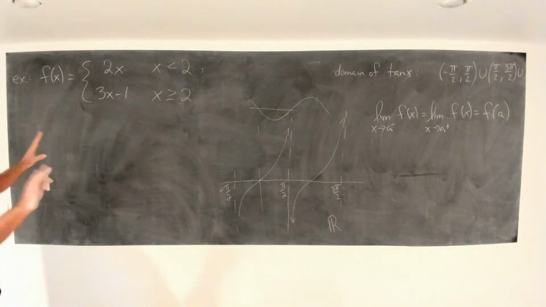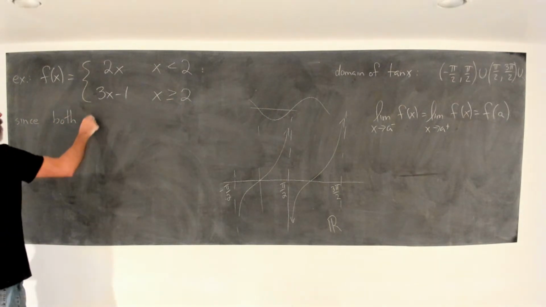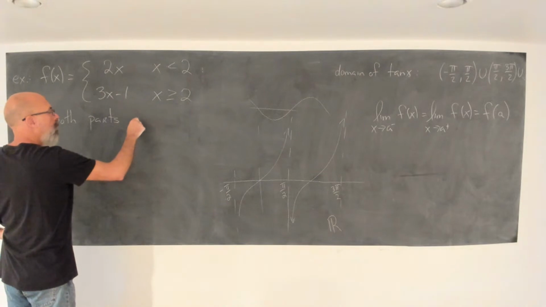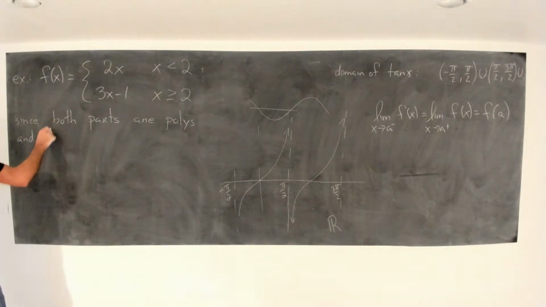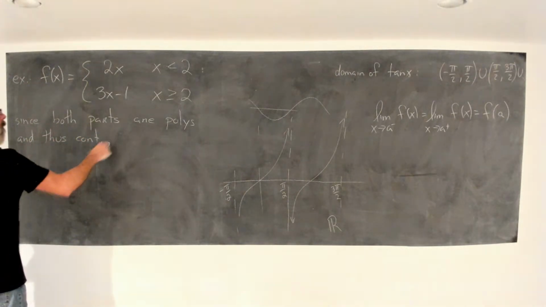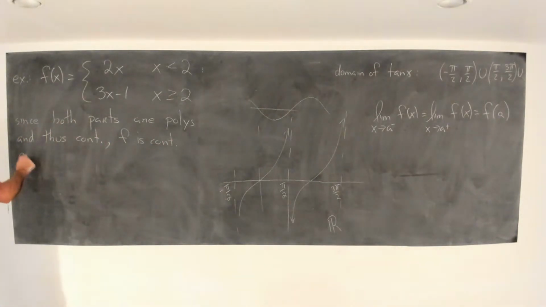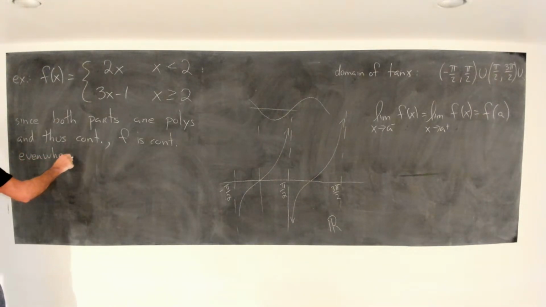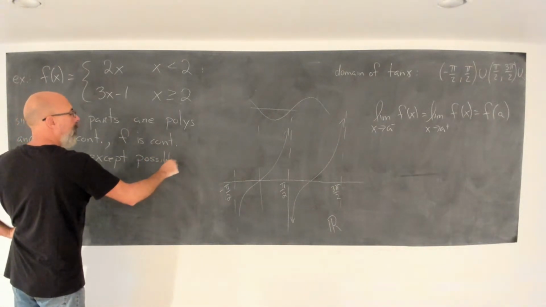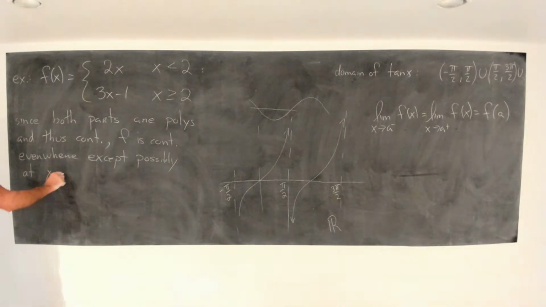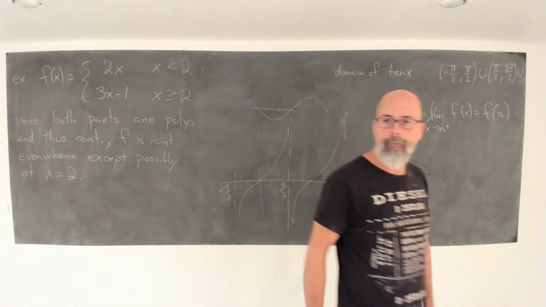So immediately, without doing any work, since both pieces are continuous, since both parts are polynomials, and thus continuous, f is continuous everywhere except possibly at x equals 2. Everywhere else, it's immediately continuous.